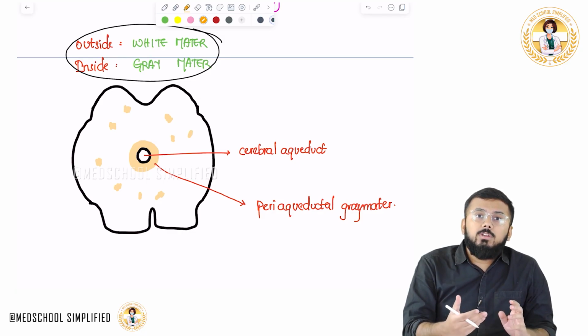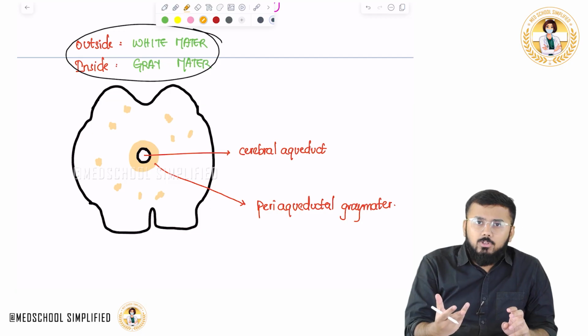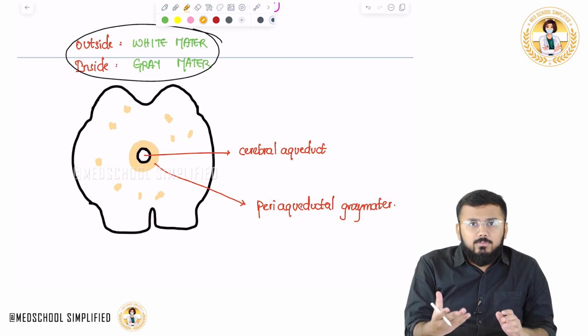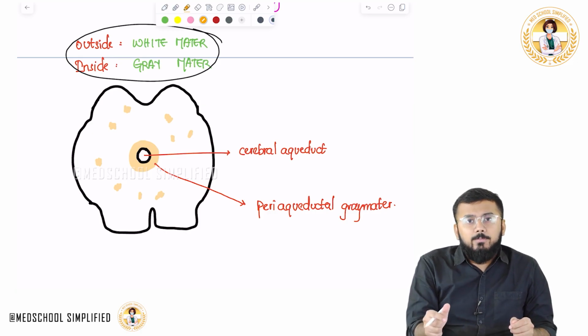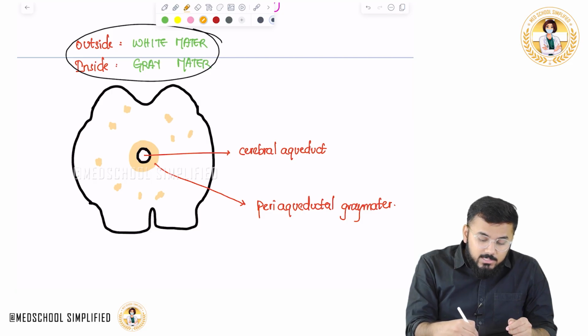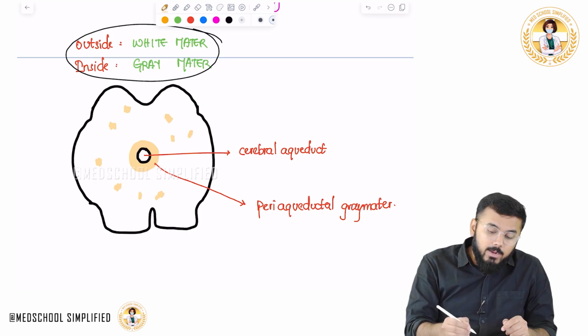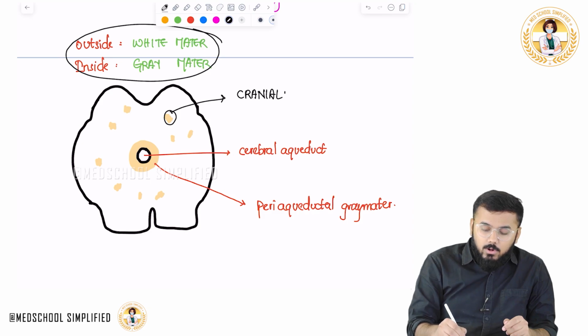They originate from your brainstem. Yes or no? What are cranial nerves? Cranial nerves are normal nerves. They also have cell bodies. They also have axons. So these pieces of gray matter which are located in the white matter are called as cranial nerve nuclei.